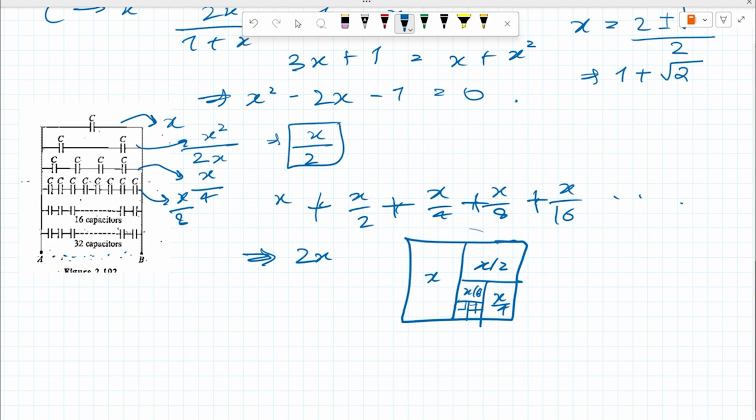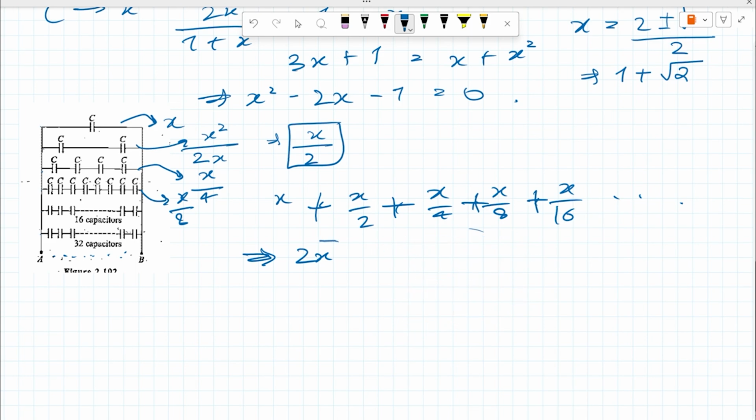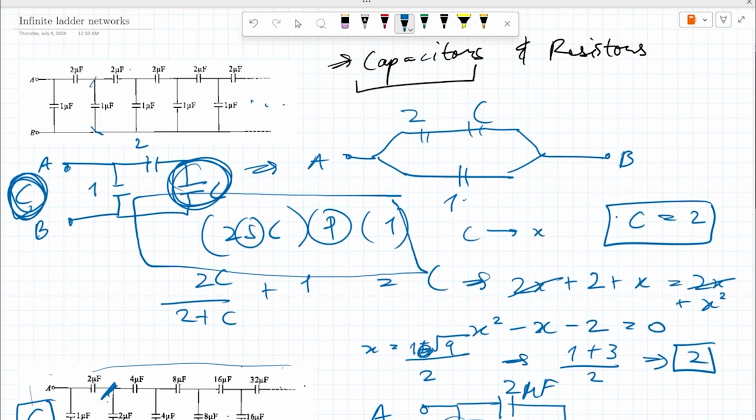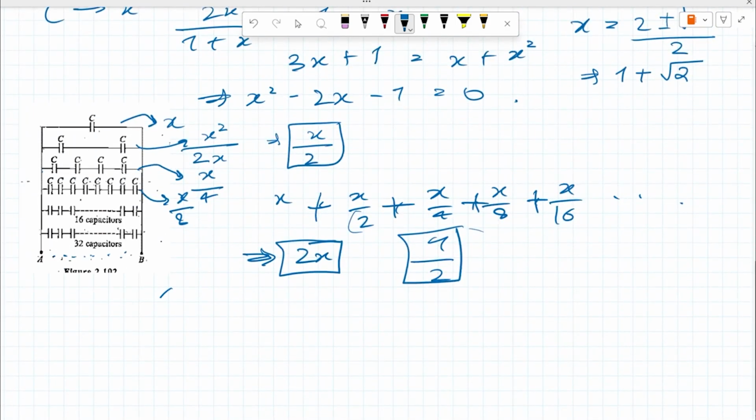The sum of this whole GP is equal to twice of x, because this is x and this can also be written as x. So you can look at it both ways. You can just visualize it, or you can use the formula for the sum of a GP with a common ratio of 1 by 2. Both will lead you to the same result, which is that the equivalent capacitance is equal to 2 times C.